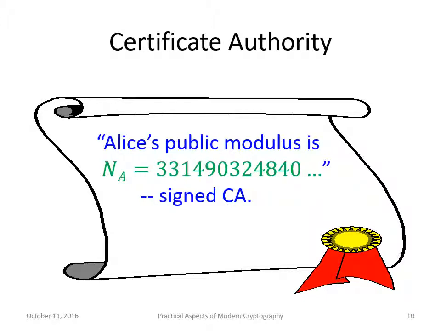The way we do that is by having a message that is going to be signed by a certificate authority that has a name, Alice, and it has this modulus, this number N for Alice, which is her public key. And this is going to be signed by a certificate authority, which means that the certificate authority will compute a hash over those two parts of the message and then encrypt it with the certificate authority's secret key.